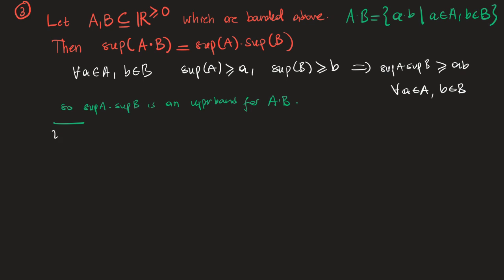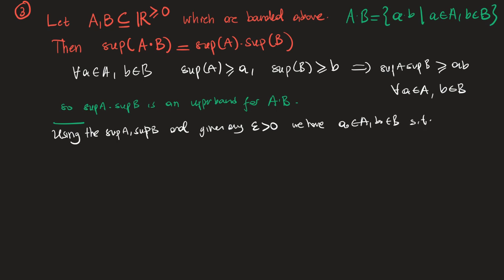So using the definition of sup B and sup A, and given any epsilon bigger than 0, we have a0 in A, b0 in B, such that sup A minus epsilon is less than a0, and the supremum of B minus epsilon is less than b0.